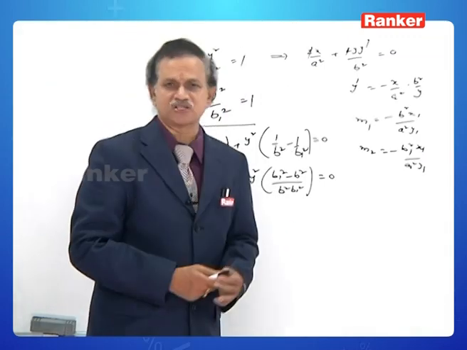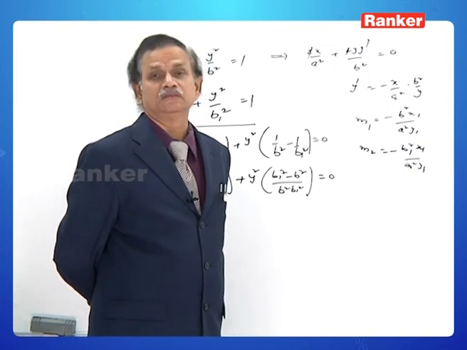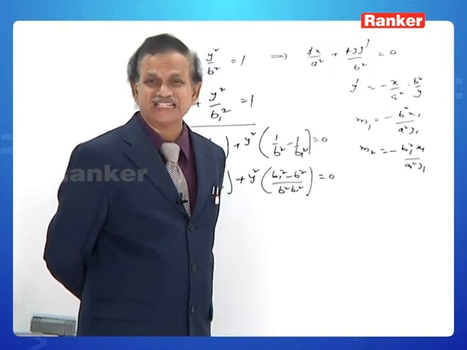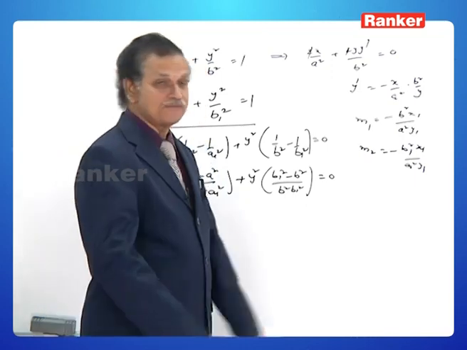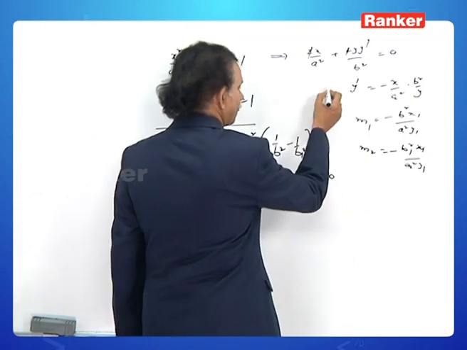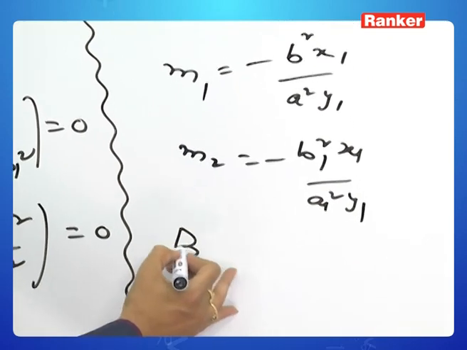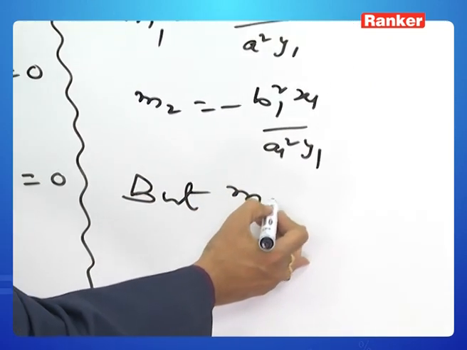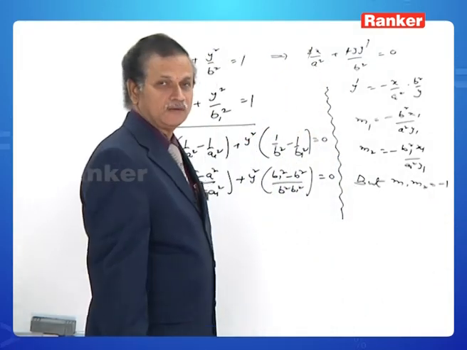Because there are no more changes except a1 and b1. But it has been given that the two curves are orthogonal. So what should I have? m1 m2 is equal to minus 1.